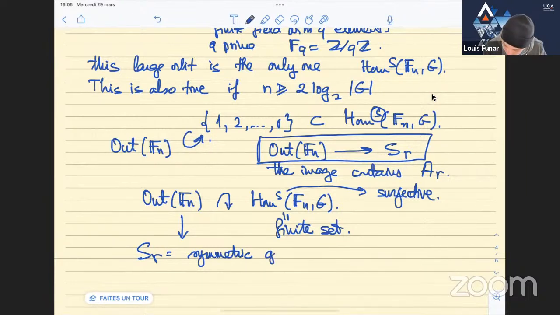And this is the symmetric group on R elements. So this is saying that it's a big group in the symmetric group. It really not only acts transitively, but in a very strong way.